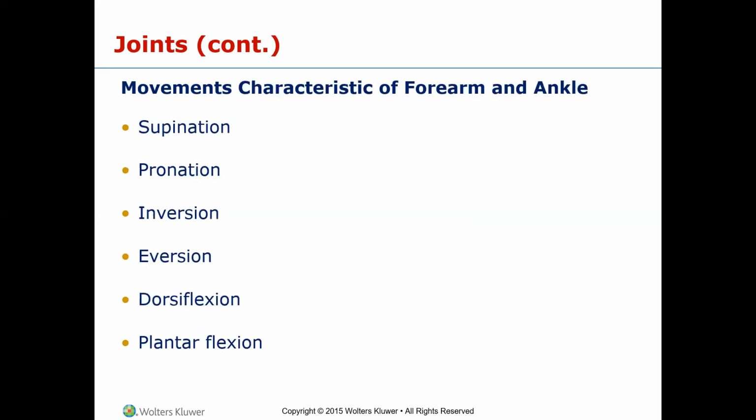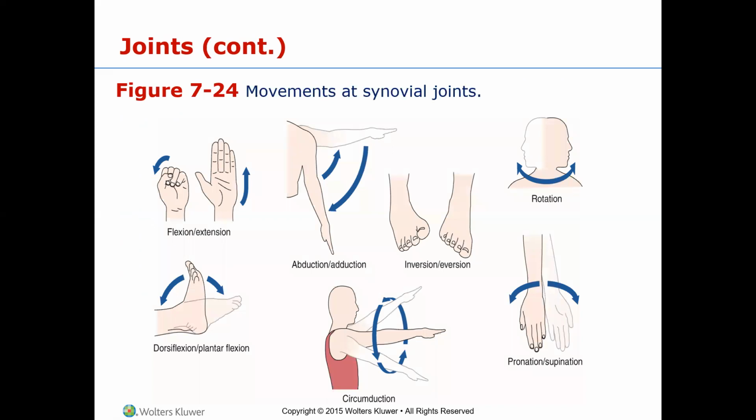Abduction, we are moving, and I think we have them here. Okay, so abduction is moving the arm out from the body, from the midline, and then adduction, we're moving it back towards the body. Flexion and extension: if we take our hand and we open and close it, we can flex it by closing it, and extend it by opening it.